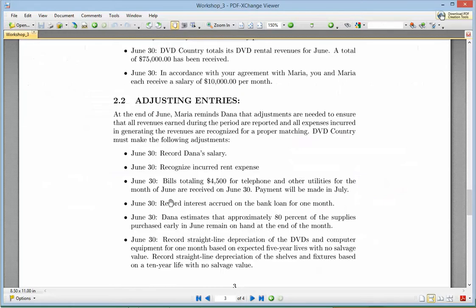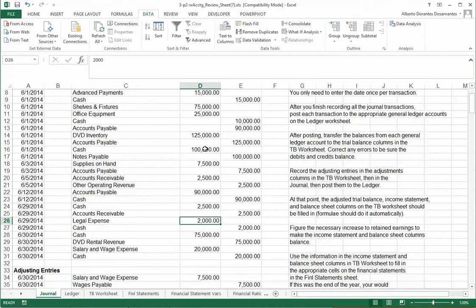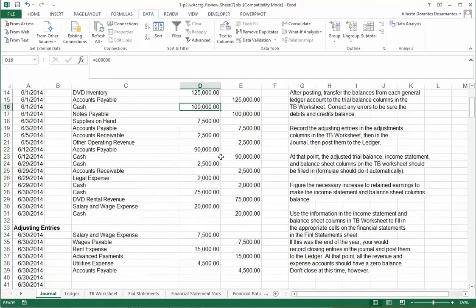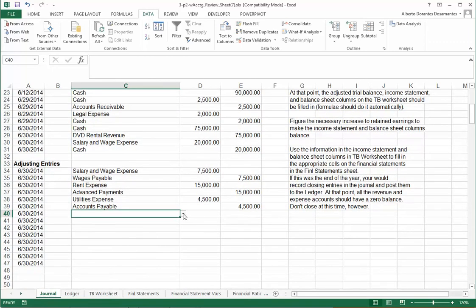Now we go to the following one, and it says record interest accrued on the bank loan for 1 month. If you remember, the loan that we had got was 100,000, and the interest rate was 12% yearly. We have to recognize just the interest. In this case, we have to debit.